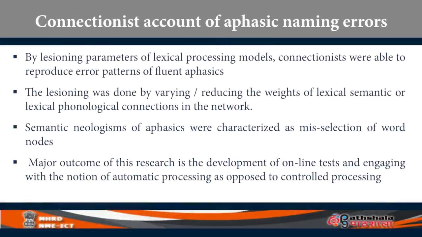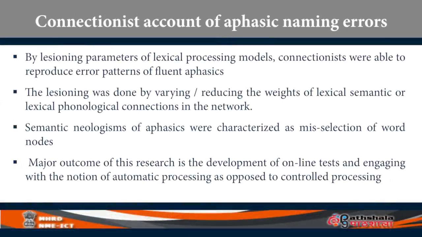Lesion means cut off, literally create a lesion by cutting off certain connections, and then see what kind of errors the computer generates, and see whether the mistakes the computer makes resemble those that patients make, alright. So the lesioning is done by varying or reducing the weights of lexical semantic or lexical phonological connections in the network.